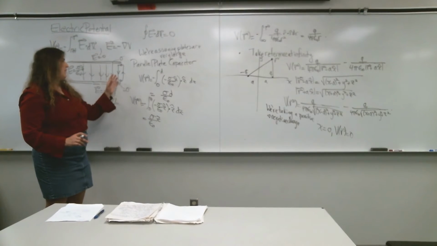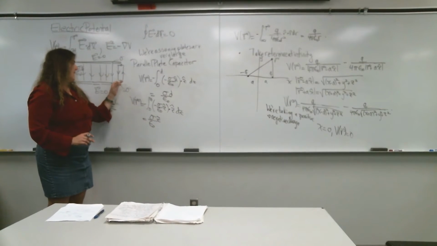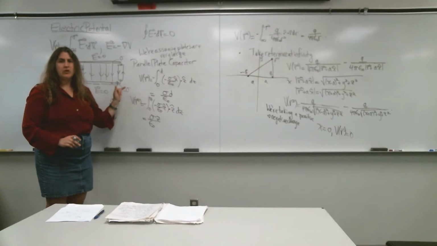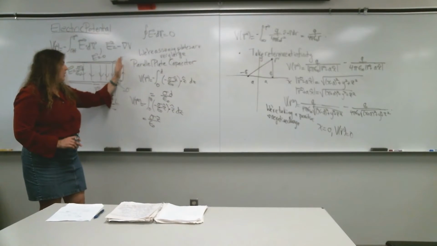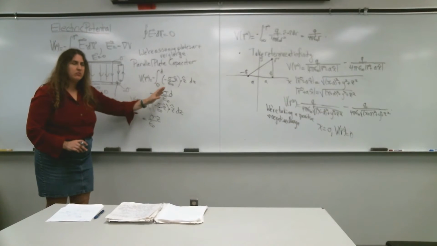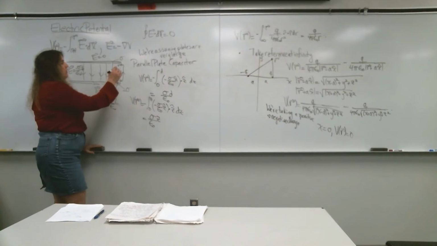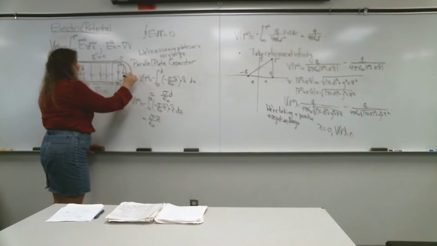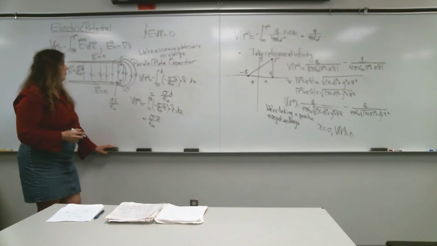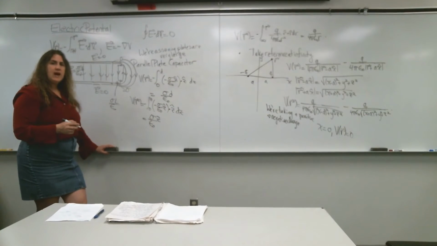If we assumed that our plates were finite, something has to happen over here. And our electric field lines don't just go straight down and then vanish outside. We actually have what is called a fringing effect. So your fields actually look like this outside of the finite size plate. And why does that happen?